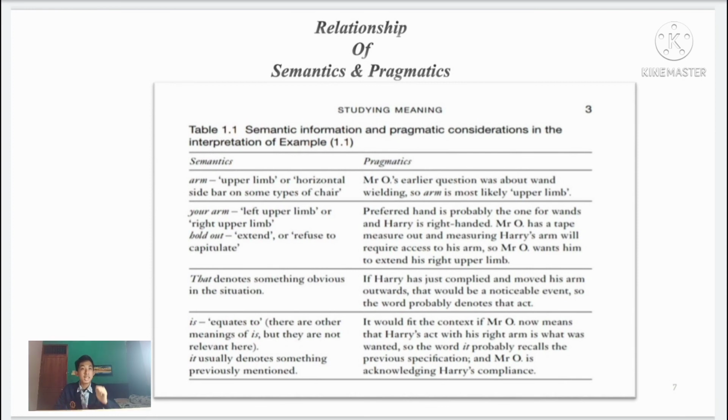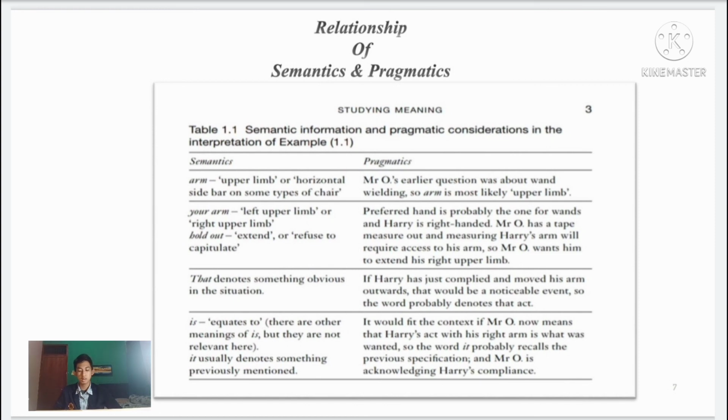And also for the relation of semantics and pragmatics. The relation of semantics and pragmatics is pretty much the same, because without semantics, pragmatics cannot occur, and also for pragmatics, without pragmatics, the semantics cannot be a sentence and cannot be pronounced, and also the pragmatics theory would not occur right now.